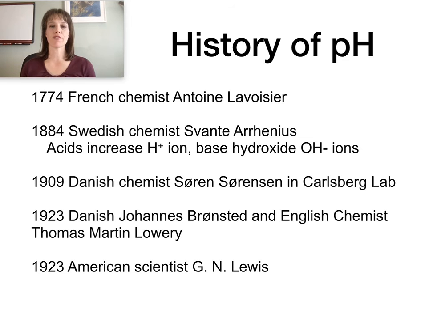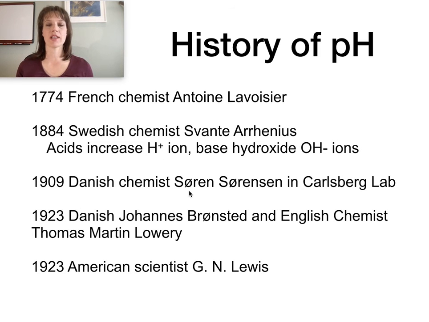In 1774, the French chemist Antoine Lavoisier started discussing acids as the oxygen-containing acids. In 1884, the Swedish chemist Svante Arrhenius came up with the definition of acids increasing the hydrogen ion concentration. That's the definition that we'll be using and talking about here, working with.